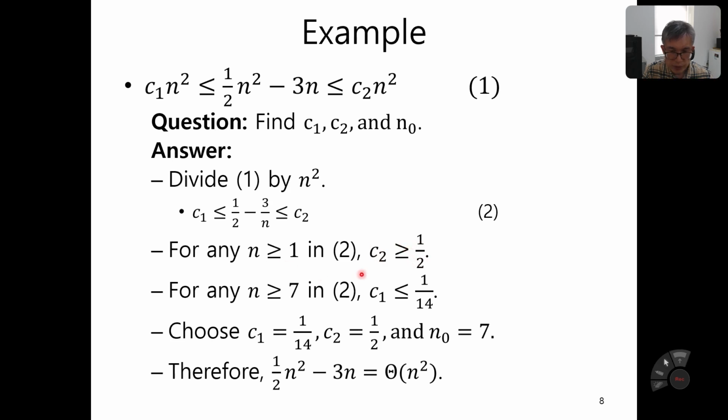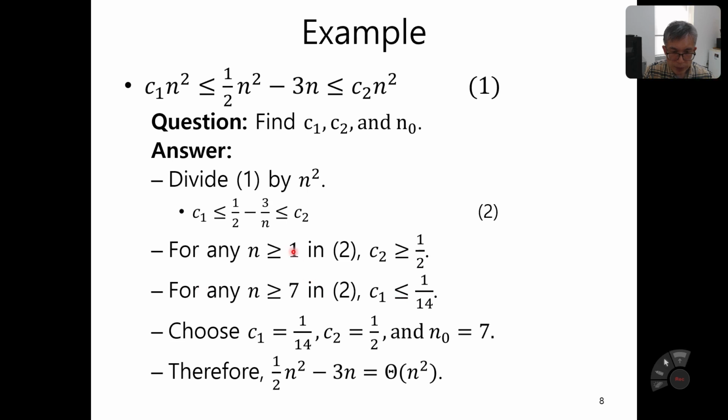So we have c2, right? Also the n0 is here 1. For any n at least 7 in inequality 2, c1 is less than or equal to 1 over 14, in which case we satisfy both of them.